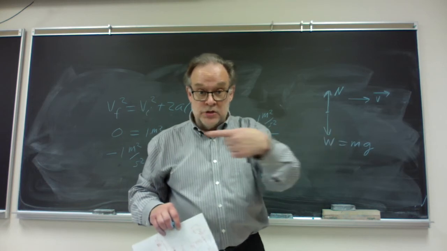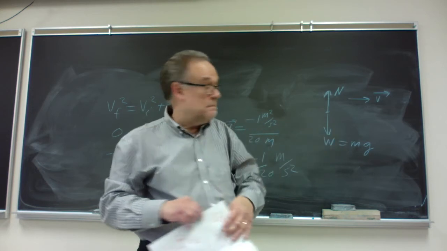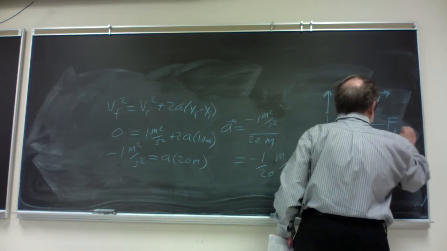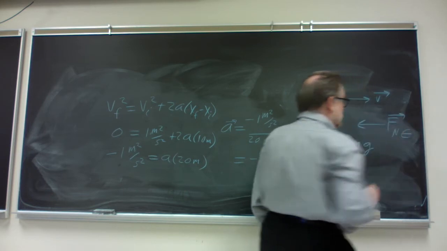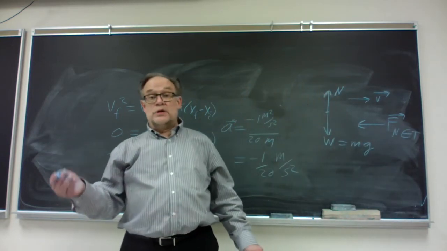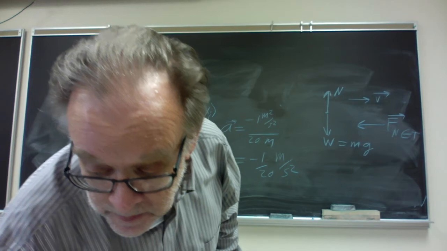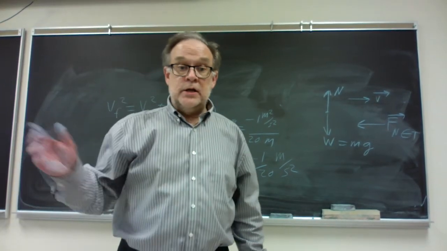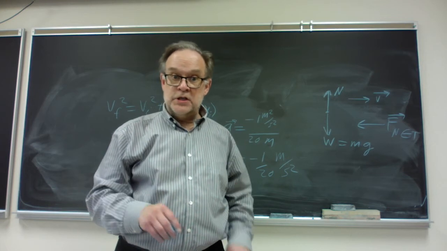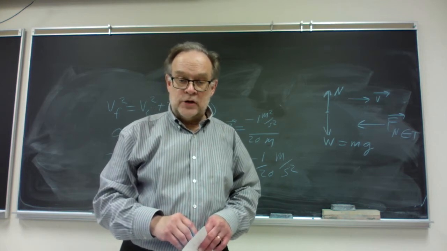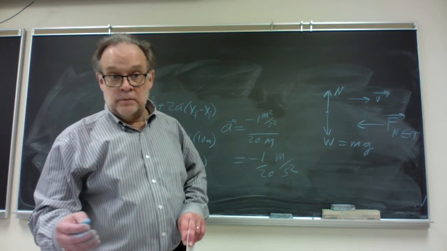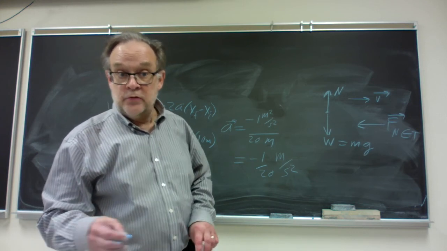So the net force points this way. That means there has to be some kind of horizontal force. If there aren't any horizontal forces, you can't have a net force in the horizontal direction. And of course, the net force in this case is the kinetic, or the horizontal force is the kinetic friction.